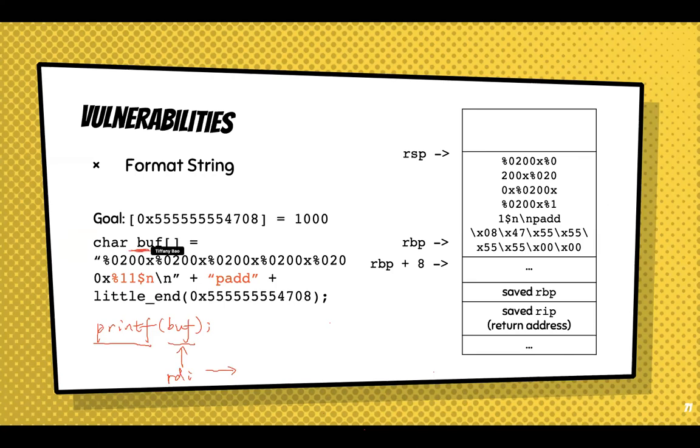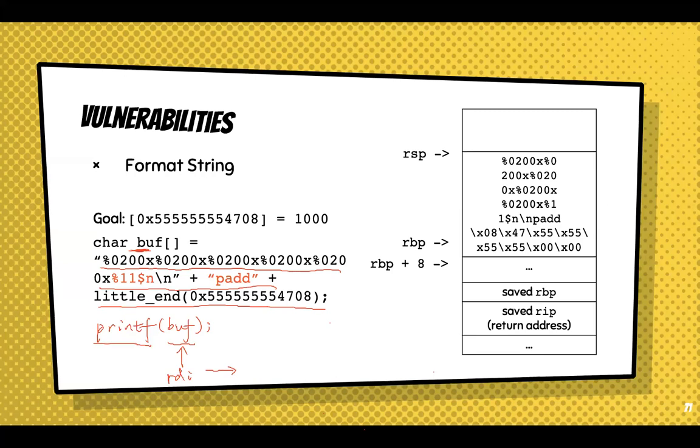And then an attacker can change the content over here, so that when printf scans the format string, it realizes how many arguments will follow according to the specifiers in the format string.